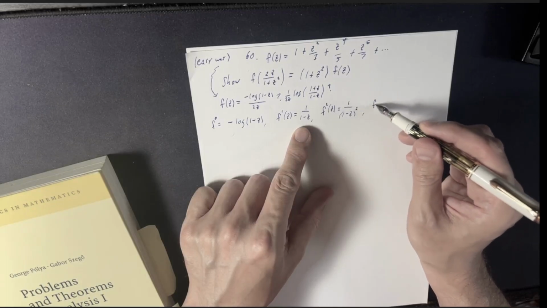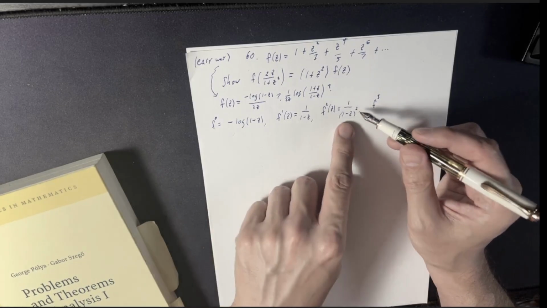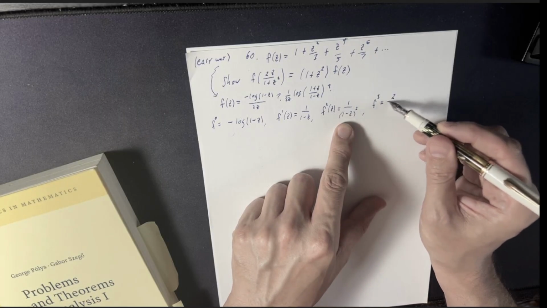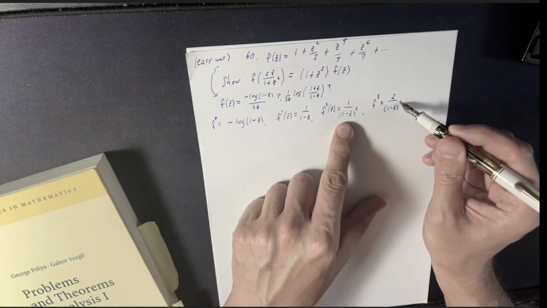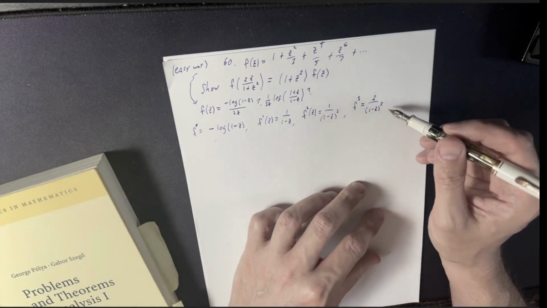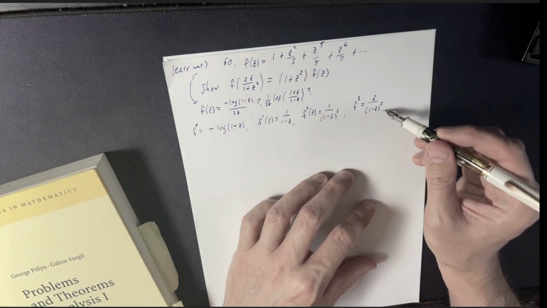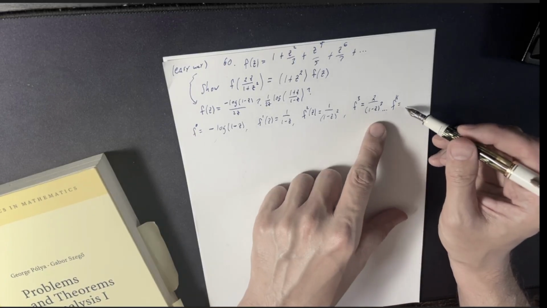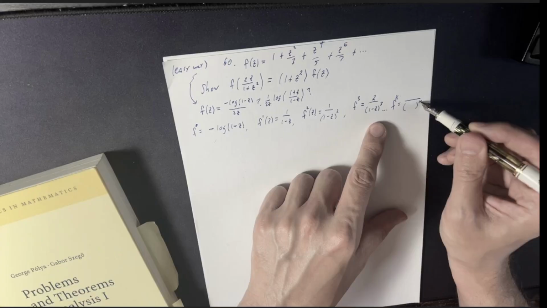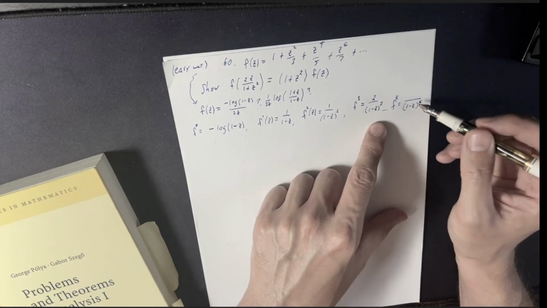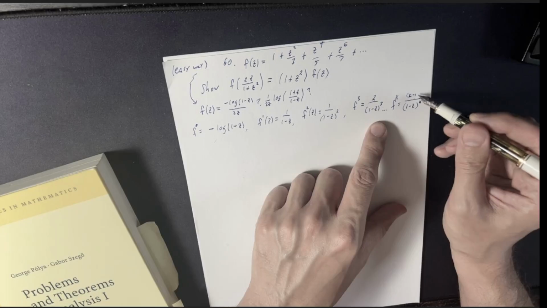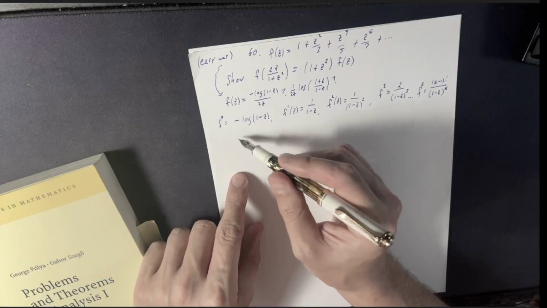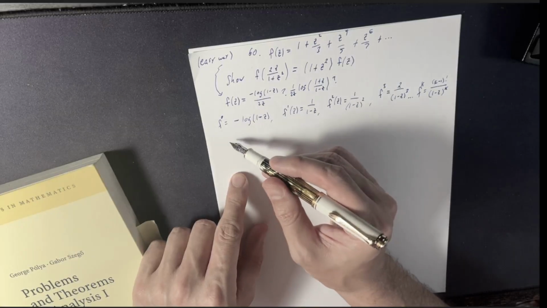And then the third time you do it, you're starting to see powers coming from here. So here we're going to get 2 over stuff to the 3. In general, you're going to get 1 minus z to the k in the denominator, but you're going to get k minus 1 factorial upstairs, which is where our Taylor series is going to come from for the original function.